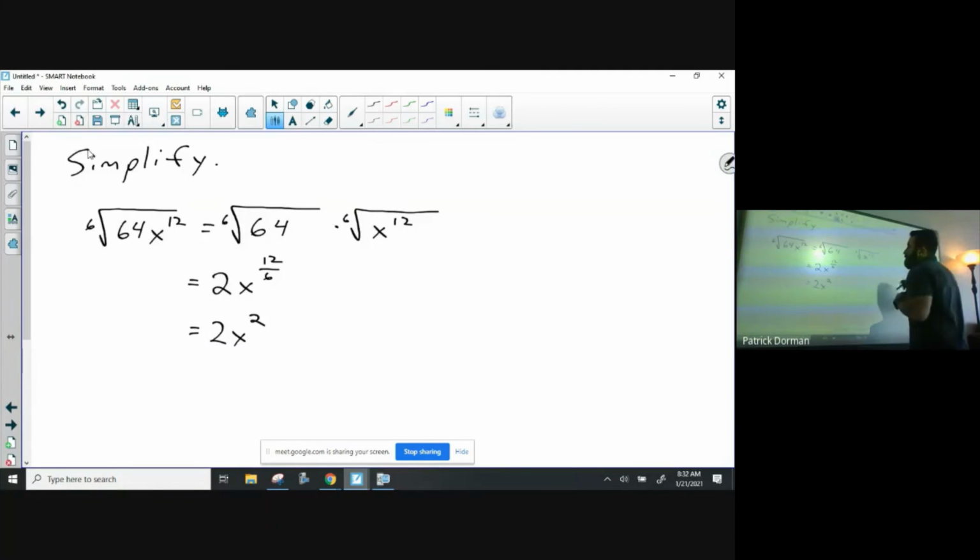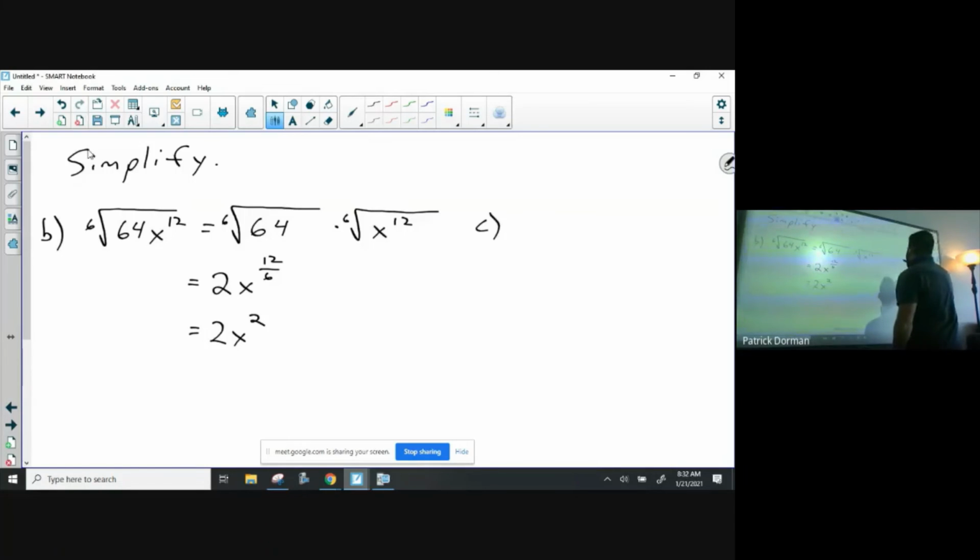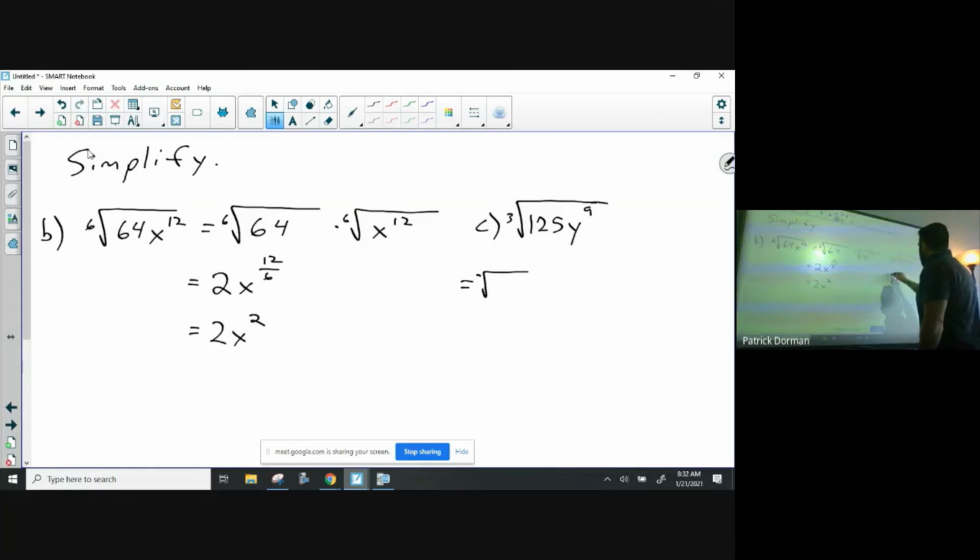Let's do another one. So this would be, I think this is now b. And let's get c out. So let's do the third root of 125 y to the 9th power. All right, so we'll separate it. And that's going to be the cube root of 125 times the cube root of y to the 9th power.